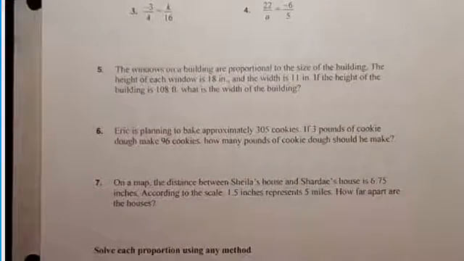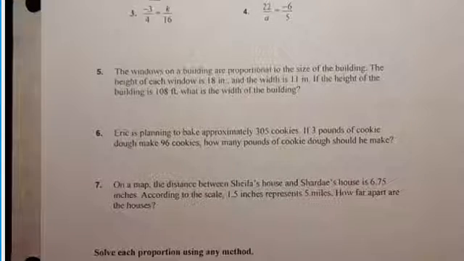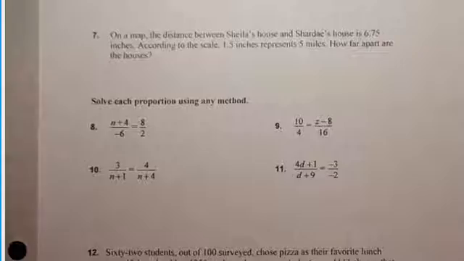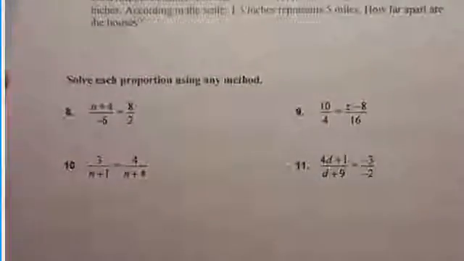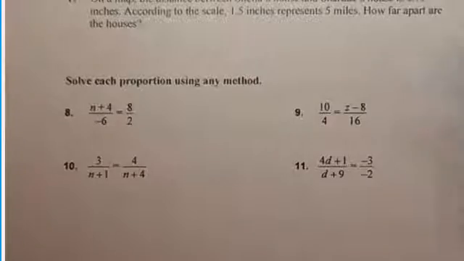Okay, 5, 6, and 7 are all word problems. So you're going to have to set up a WGU to solve that. Just like our notes, look at the example in our notes and that will help you solve. 8 through 11, we have proportions. This is the algebraic way of solving proportions. Whenever we have more than a number as the numerator and denominator, we want to put parentheses around it.